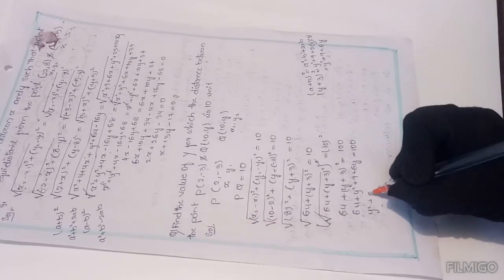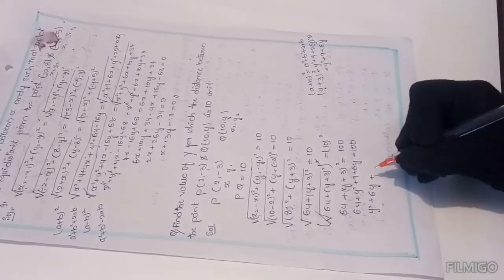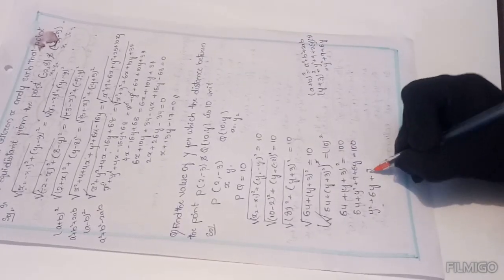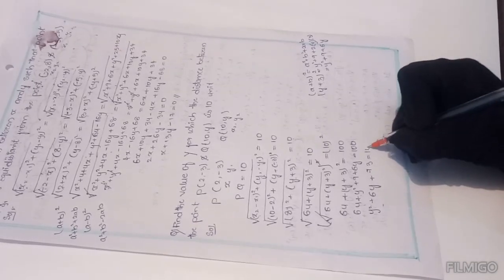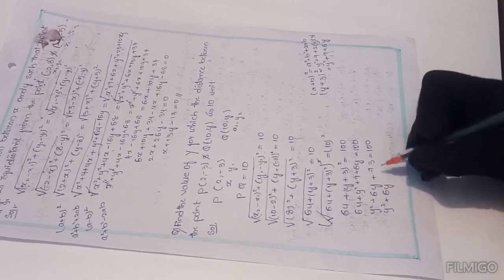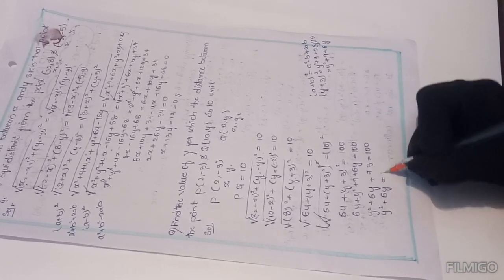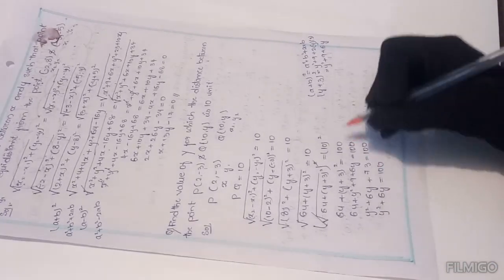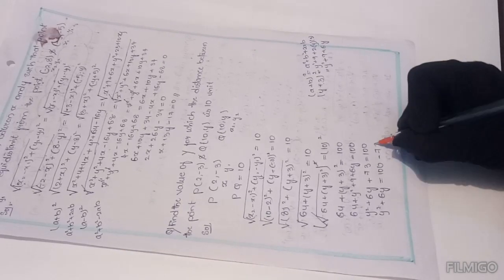64 plus 9 gives 73, so y squared plus 6y plus 73 is equal to 100. If we shift plus 73 to that side, it will become minus 73.